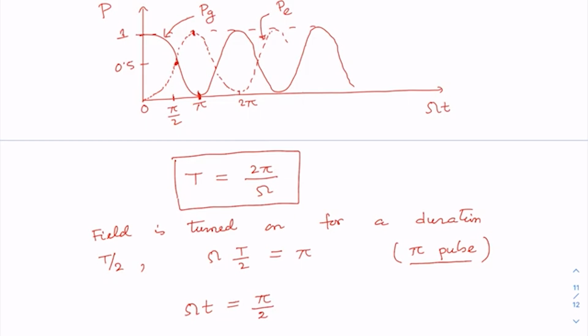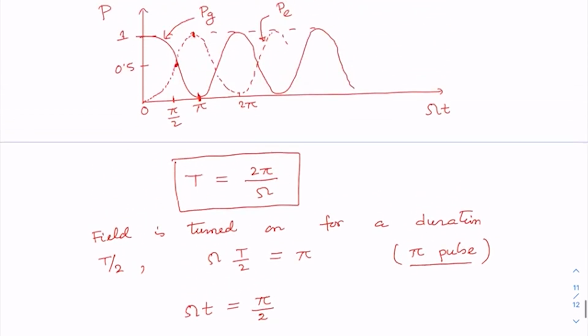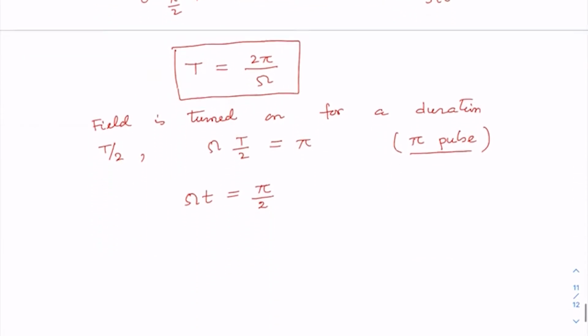So in this case we'll be able to create a state which is a superposition of the ground state and the excited state. So this method can be used for state preparation, though it has a lot of issues, but in principle this method is useful for state preparation.